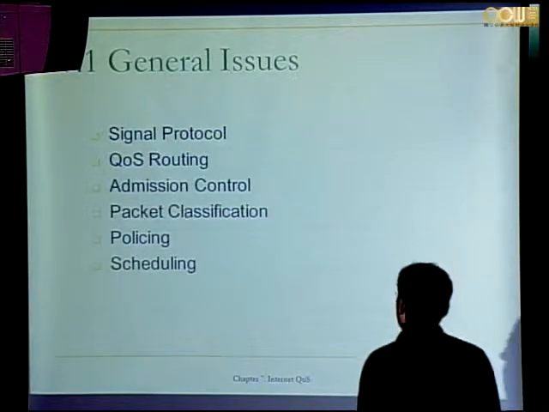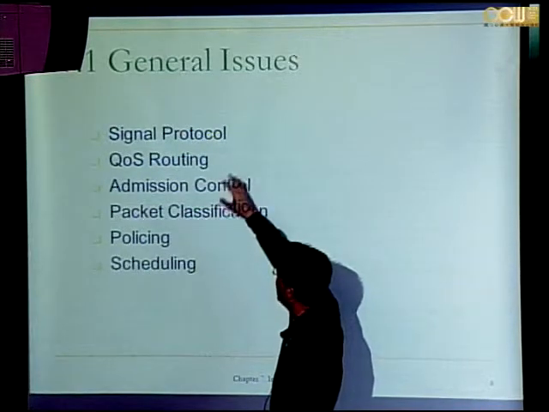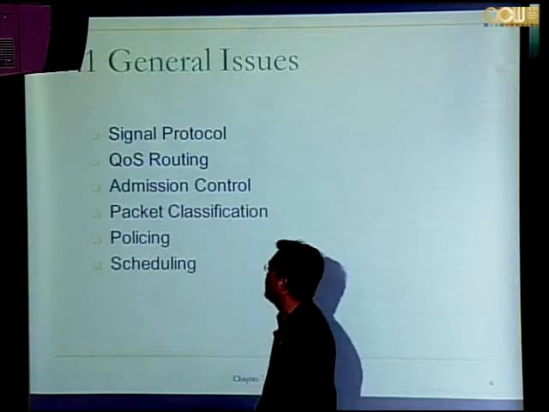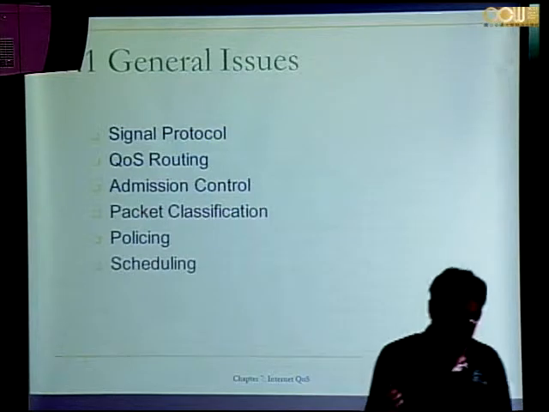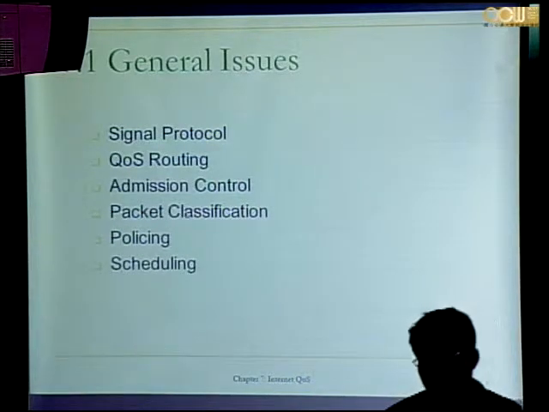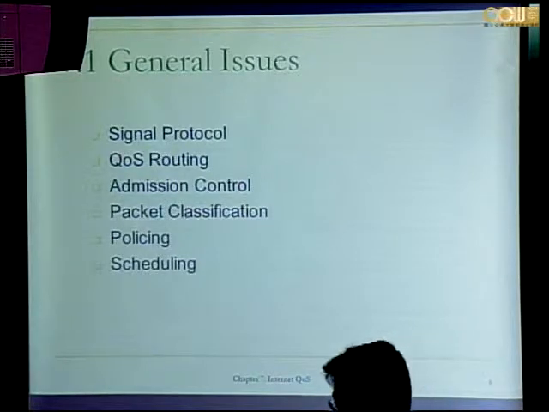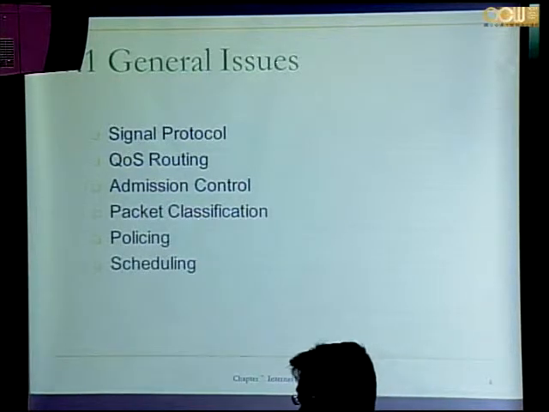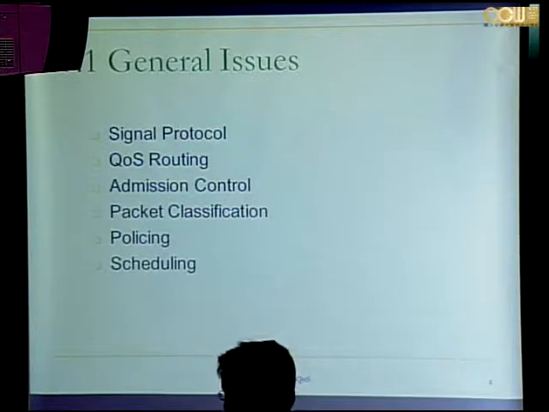And when it flows through the path, the quality of service, the bandwidth allocation or bandwidth requirement, needs to be enforced. So what do I need to do? First of all, I need to do classification to classify the packet to a particular flow. If I'm doing per flow QoS, then when a packet comes, I need to classify this packet into a queue for this flow.